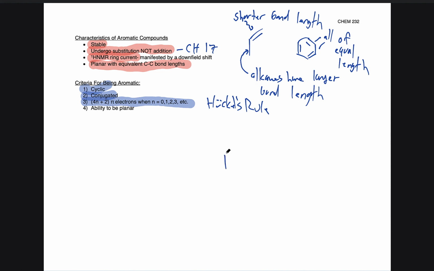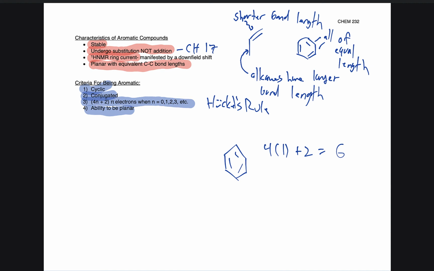So for a benzene ring, this has 4n plus 2 electrons, because when n equals 1, 4 plus 2, we have 6, which is how many electrons a benzene ring has. And they have to be planar, which this benzene ring is. We talked about the planarity of benzene rings before.